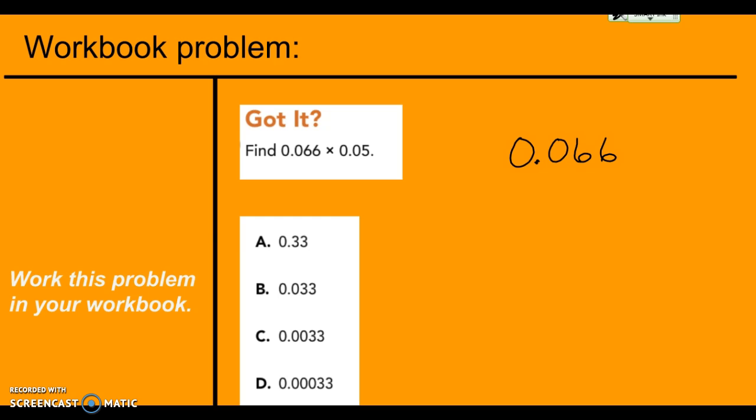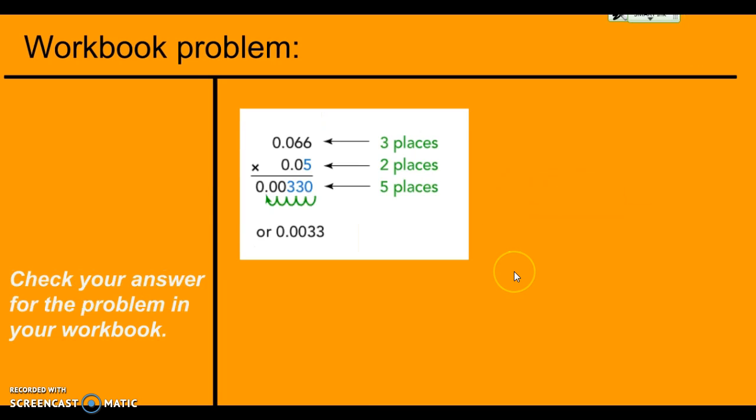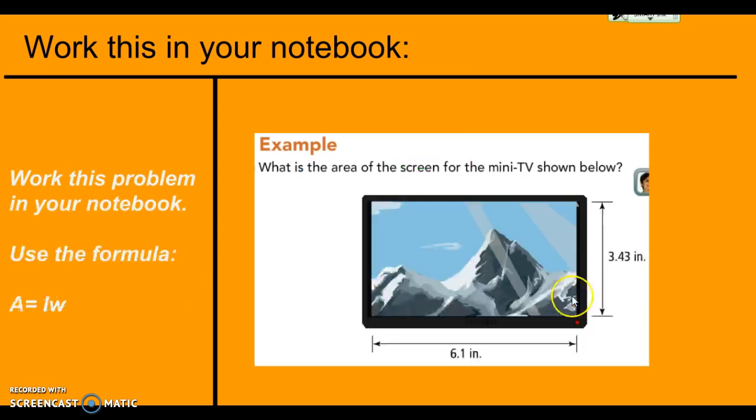It should be times 5 hundredths. And it should look like that before you begin to multiply. All right, you have your answer choices there below. Now, you may check your answers, and if you made a mistake, please correct it.